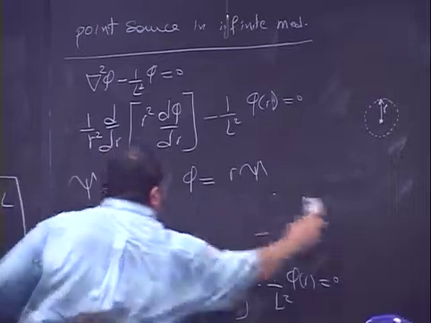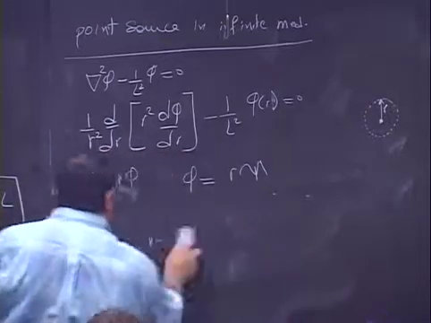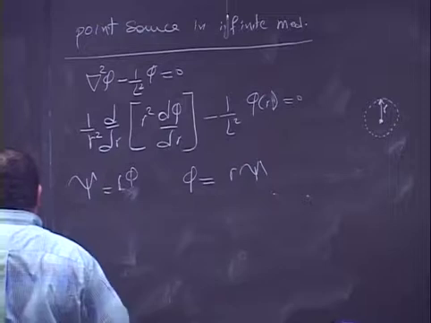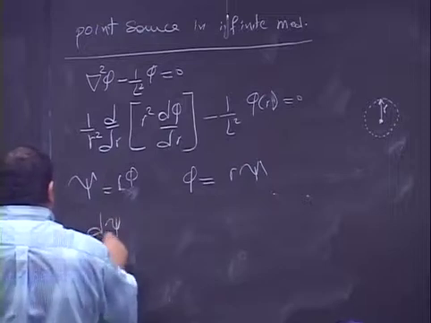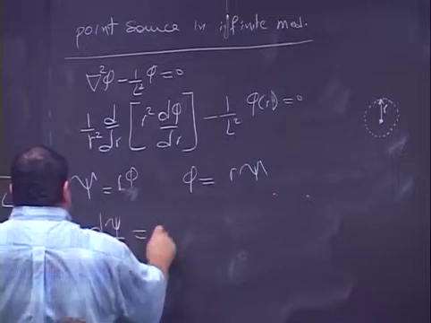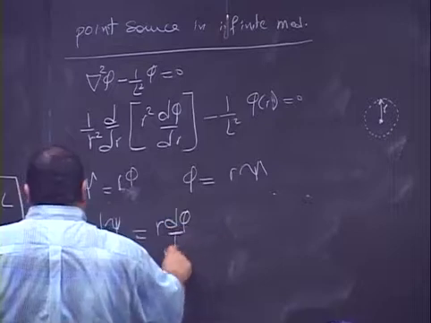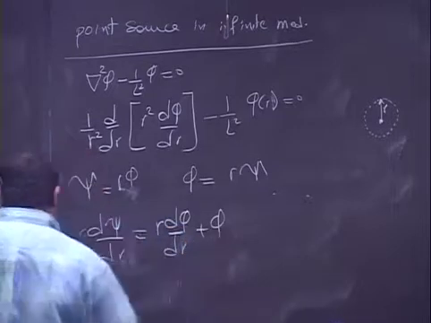Okay, so let me give you the correct ones here. So d psi by dr is equal to r d phi by dr plus phi.